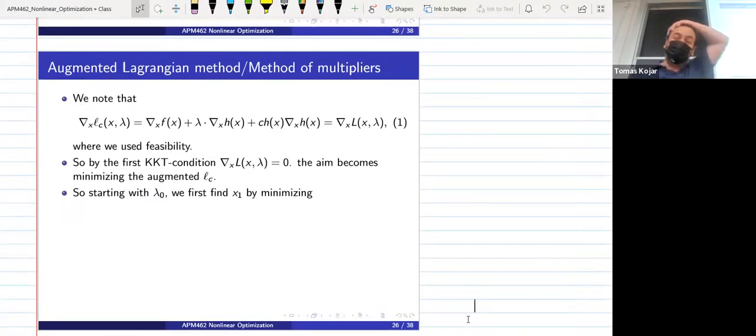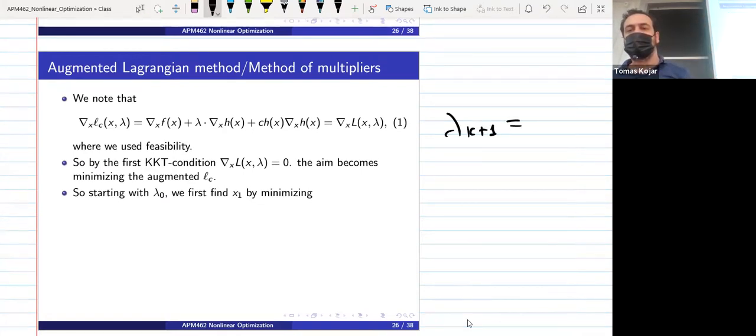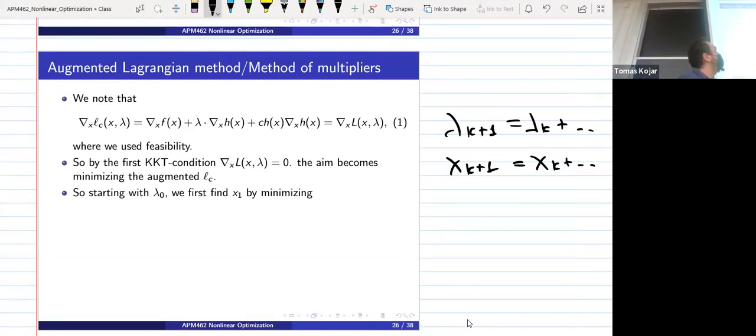Here you have to move back and forth between your multiplier and your x. So this is a two-step algorithm. We will have an update on lambda k plus 1, and an update on the position x. So we need both. You have to start from somewhere, so we start with this multiplier, and now let's find x1.